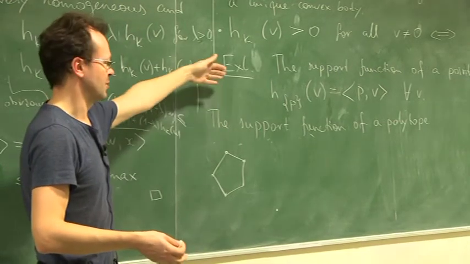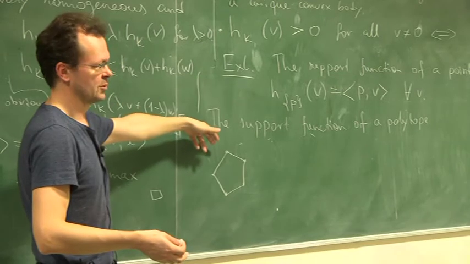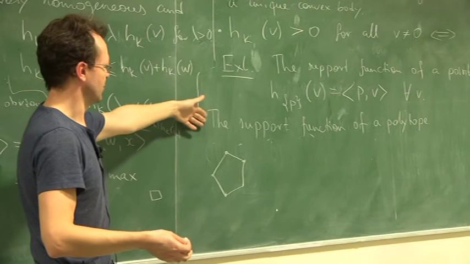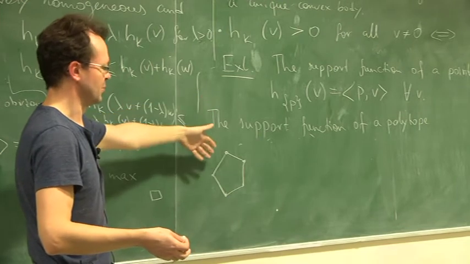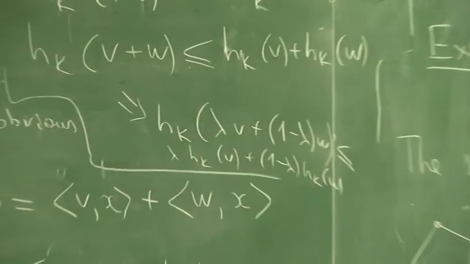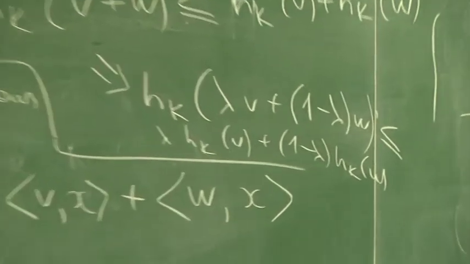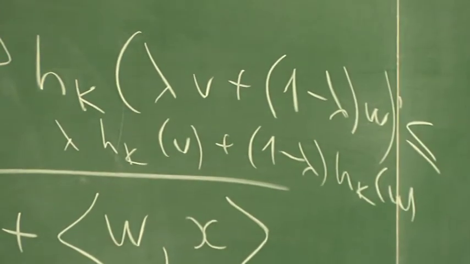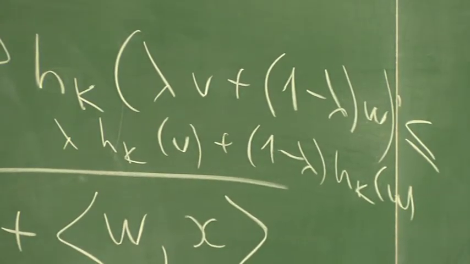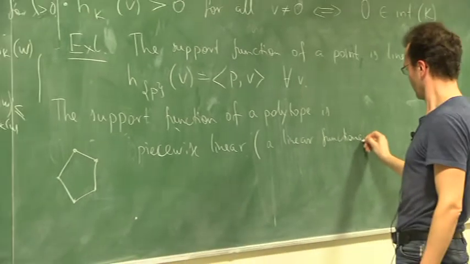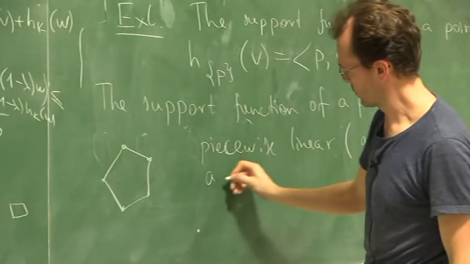Therefore, this function has just a finite number of choices of which linear function to take. So therefore, the support function of a polytope is piecewise linear. That's because a linear functional attains its maximum at one of the vertices.